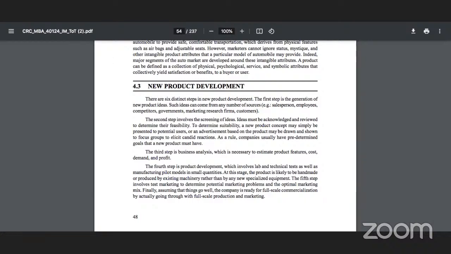And what are these possible sources? It could be the salespersons, it could be the employees, it could be the competitors. Competitors won't come and tell you, "Hey, why don't you release this product?" But definitely, if competitors are looking at certain product features, that may also trigger certain ideas in terms of what your product should look like. Government will not again tell you about the product, but government rules and regulations will also make you design your product to fit into that particular format.